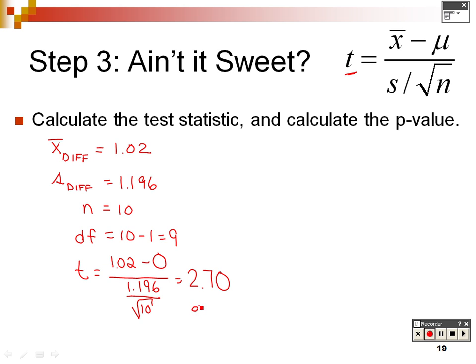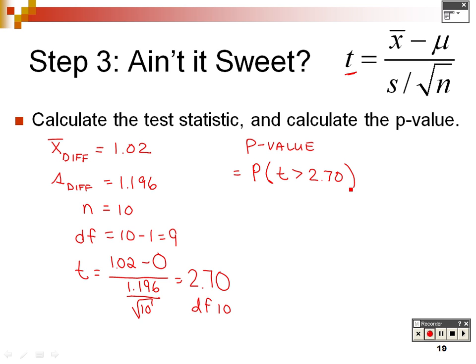And keep in mind that the degrees of freedom are 9. So in order to find the probability that's associated with that, which is what we want, the p-value, the p-value is equal to the probability that t is actually larger than this 2.70 by chance alone.